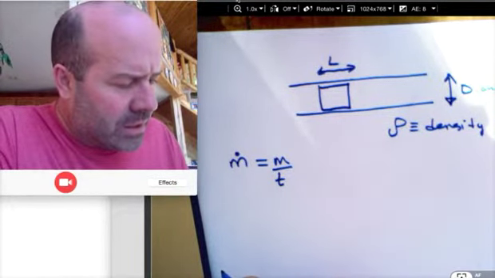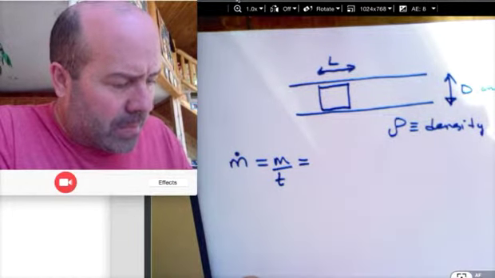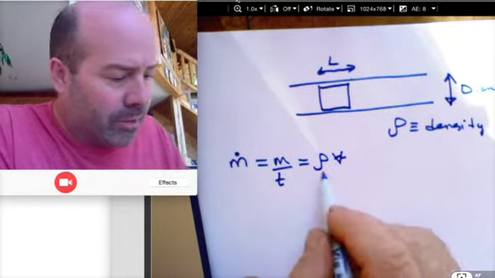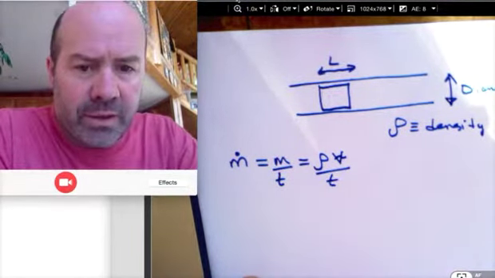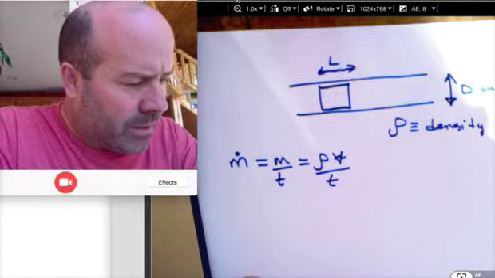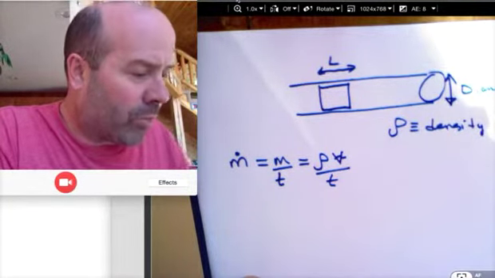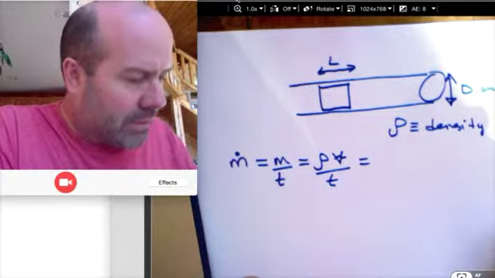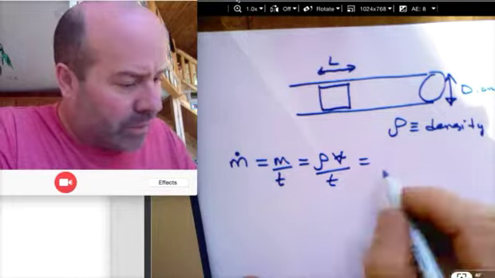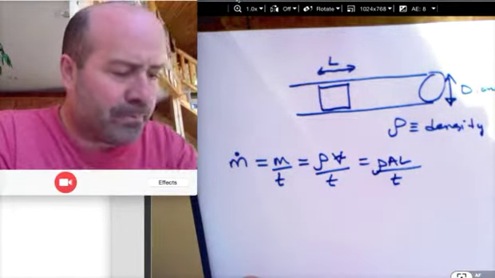And what is the mass of this chunk of fluid? Well, I would say that mass is density times the volume. I think that comes from the definition of density. And what would the volume be? Let's see. That would be the area, pi d squared over 4, or pi r squared. So area times length, right? Isn't volume of a cylinder area times length? So we'd have density times area times length over time.